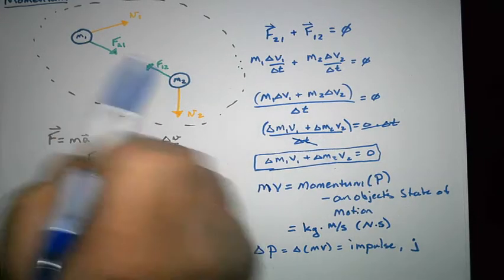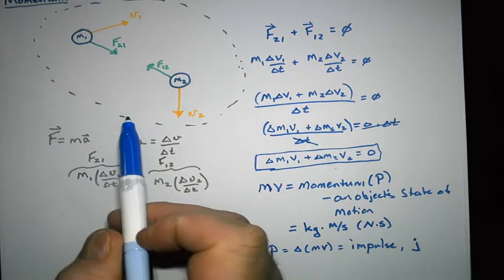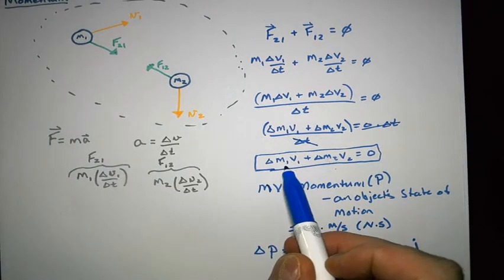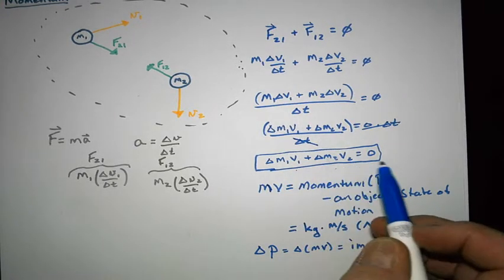If these two objects are exerting a force on each other, but there's no other force acting on them, then the total change in momentum, the change in momentum of one object plus the change in momentum of the other object, equals 0.